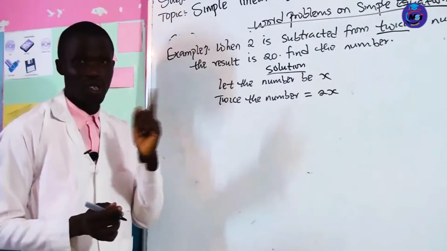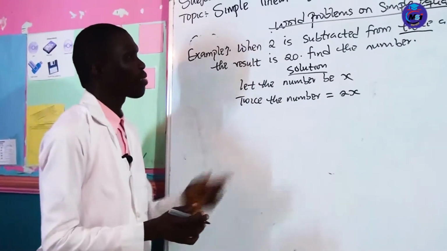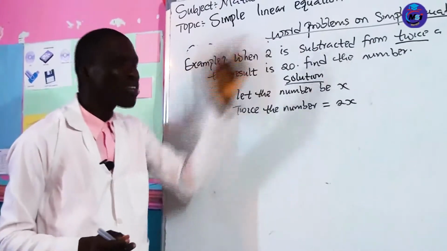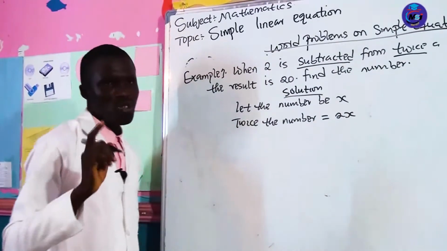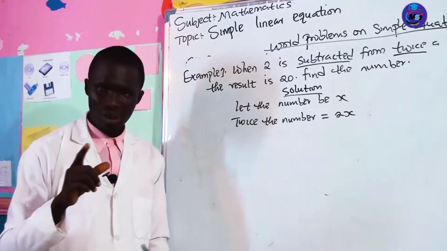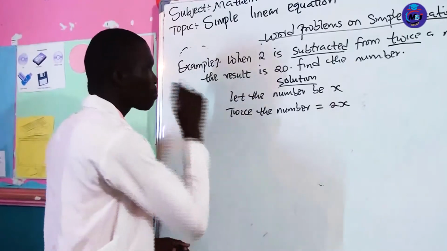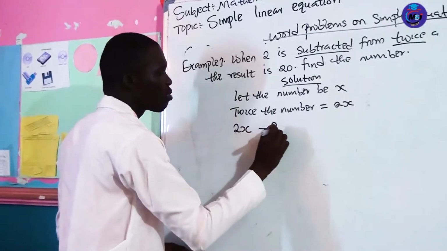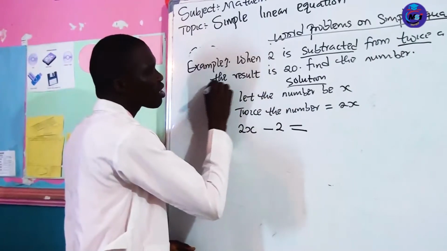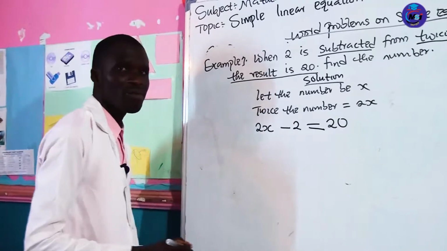Because it's twice. x plus x will give us what? 2x. Okay. 2 is subtracted. Underline this, subtracted. Subtracted means minus. Note that. Minus. So 2x minus 2. The result is 20. Okay?